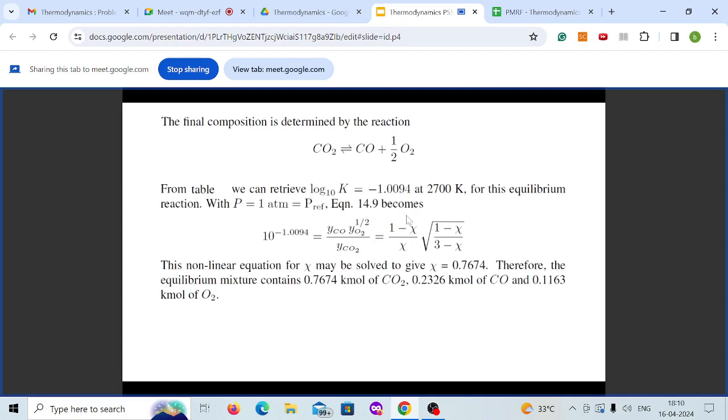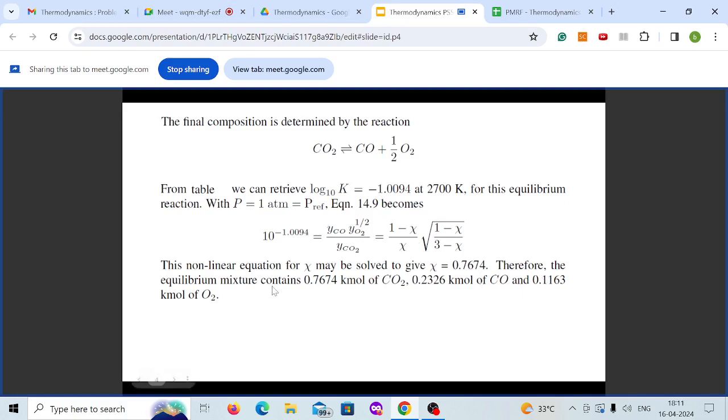Substituting that, we get (1 minus x) by x times the square root of (1 minus x) by (3 minus x). Here the only unknown is x. If we solve for x, we get x as 0.7674.